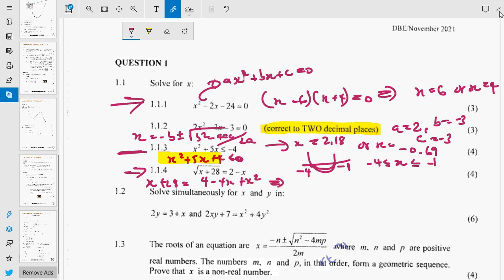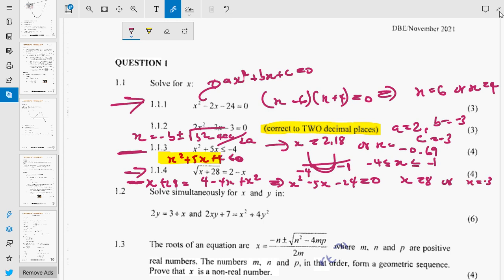So this means that you're going to have the quadratic equation x squared minus 5x minus 24, if you simplify this, is equal to 0. So if you factorize, you will find that x is equal to 8 or x is equal to minus 3.